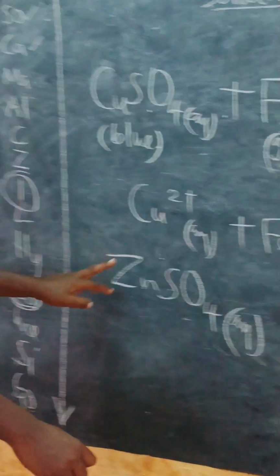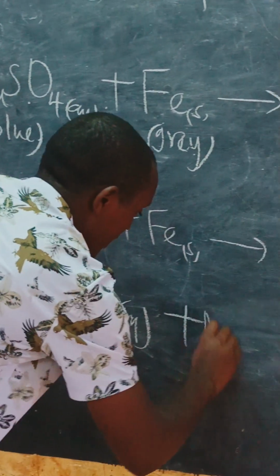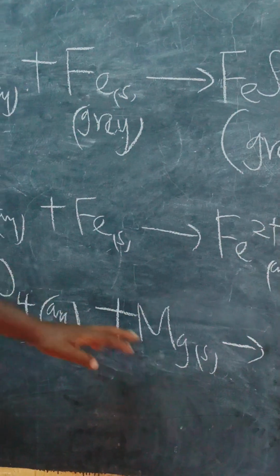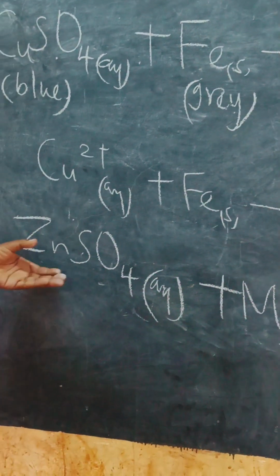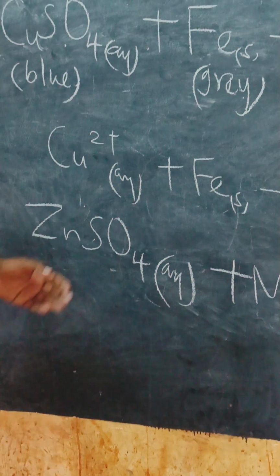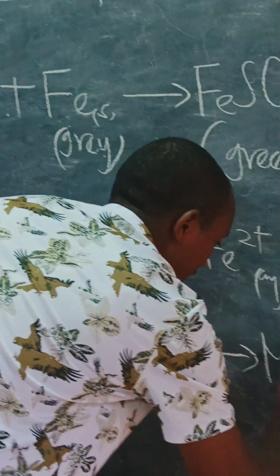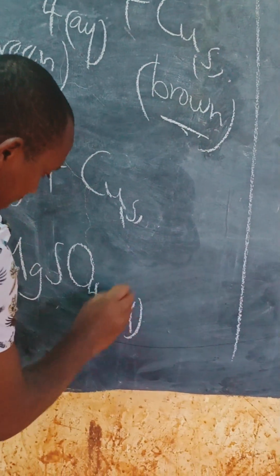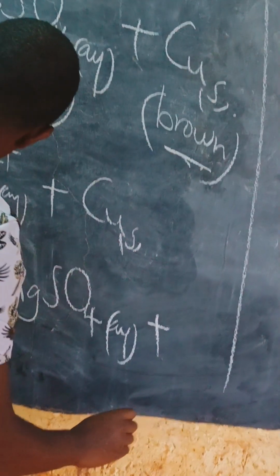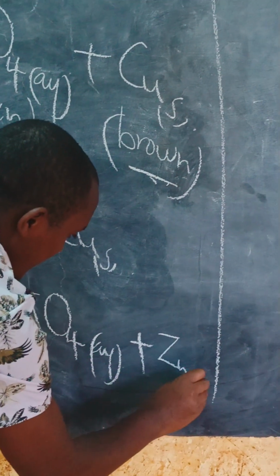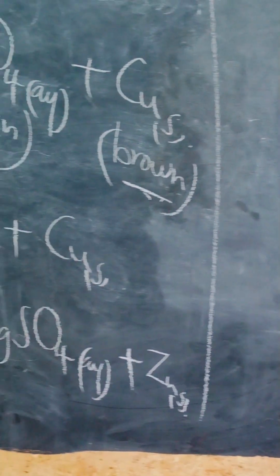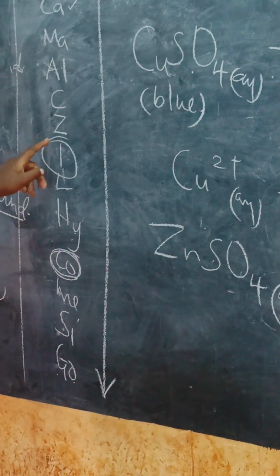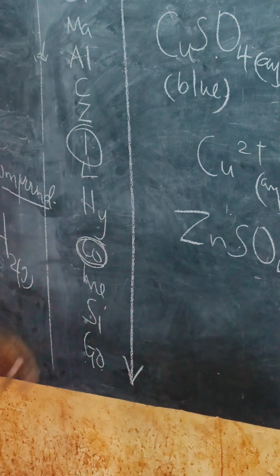Therefore, if I react zinc sulfate with magnesium solid, magnesium is going to displace zinc from its solution. So it will form magnesium sulfate, aqueous, plus zinc. Zinc is displaced from its solution because it's below magnesium in the reactivity series.